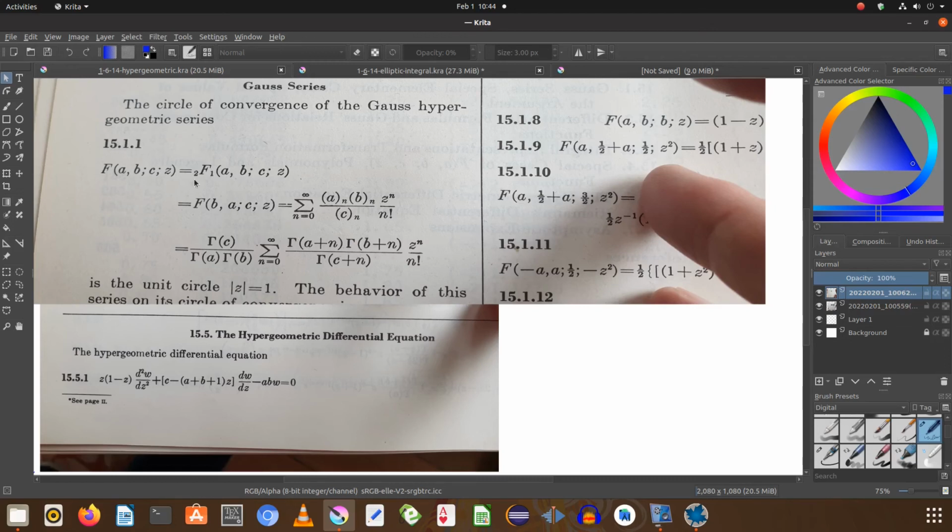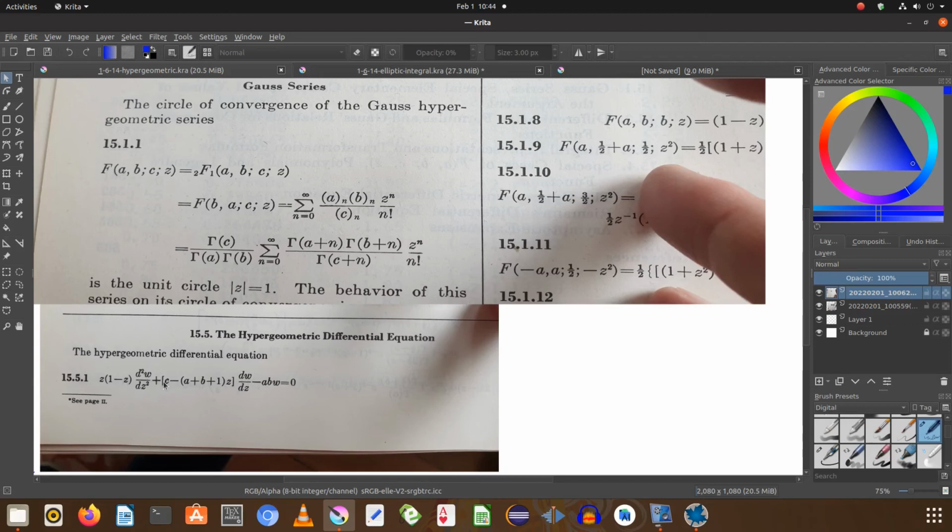So here we have it with two parameters in front of the first semicolon and one parameter after. And it satisfies this differential equation.